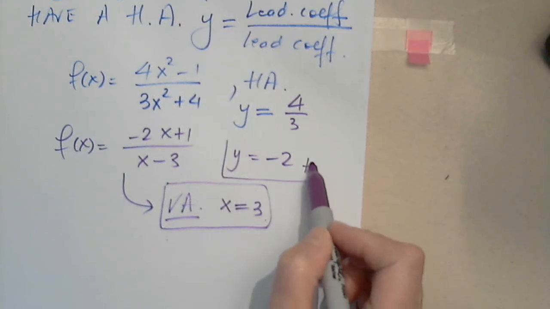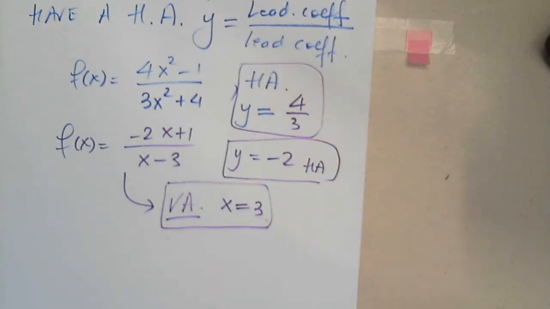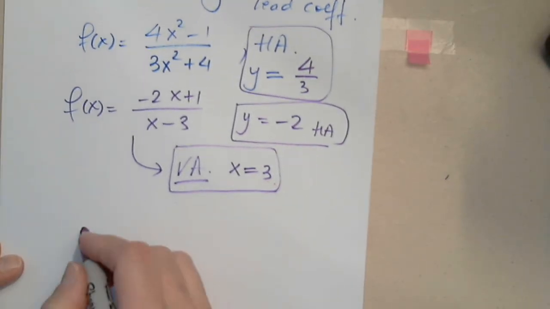And this is the horizontal asymptote, y equals negative 2. Here is y equals 4/3. Is that okay? So ready to look at type 2? Yes. Okay, let's look at type 2.